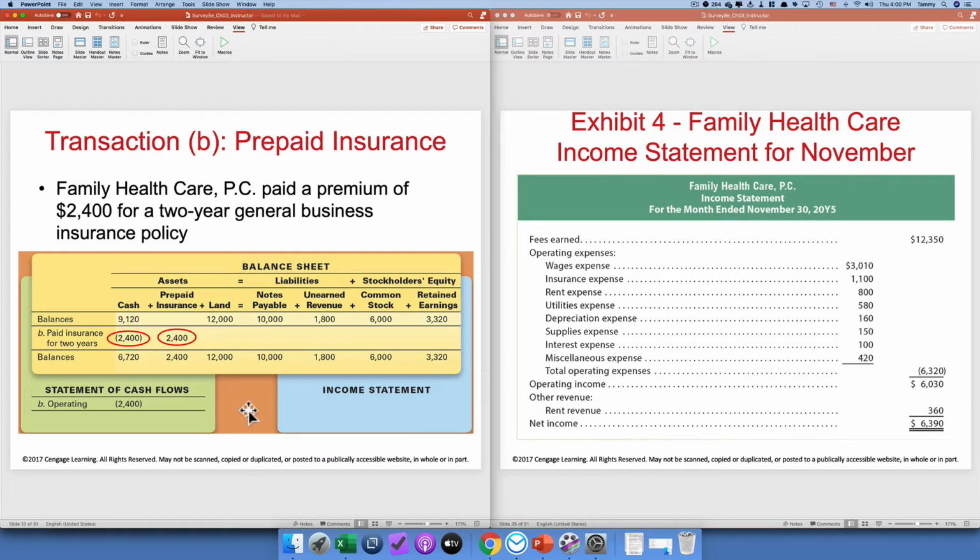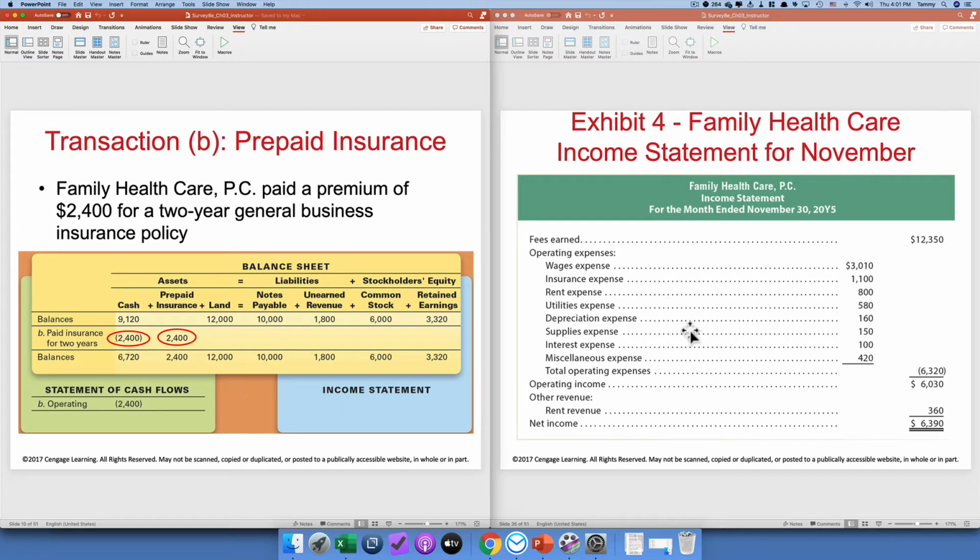Likewise, we paid 2 years worth of general business insurance for $2,400. This has not yet actually been incurred. We haven't operated during the month of November yet. All we did was purchase an asset, some prepaid insurance, but we haven't recognized it as an expense yet.